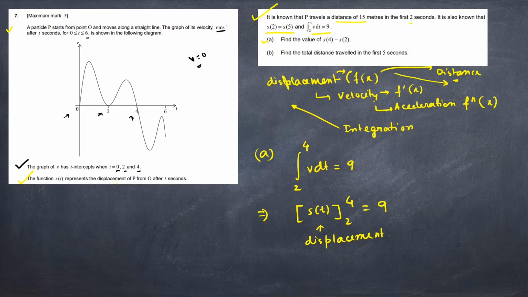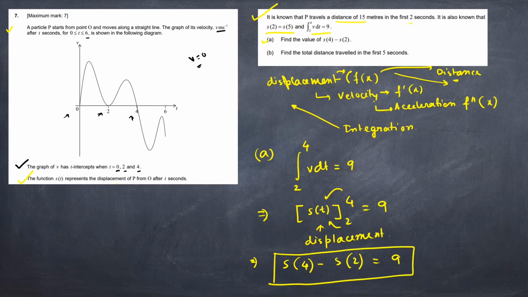So we can write s(4) minus s(2) equals 9, because upper limit minus lower limit is the answer. So the answer is 9. This was a very simple problem.